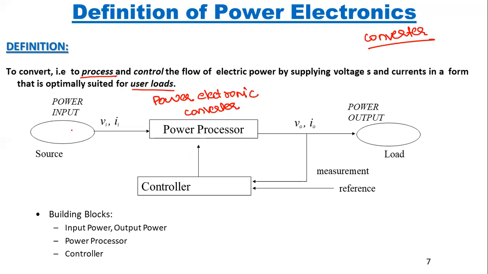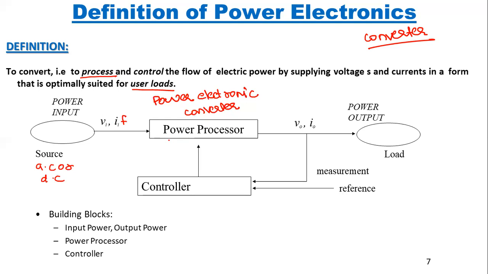The input source can be AC or it can be DC, and it will have a voltage and a current, and of course a frequency also. That will be given to a power processor. So power is being processed or converted. Some process is happening.